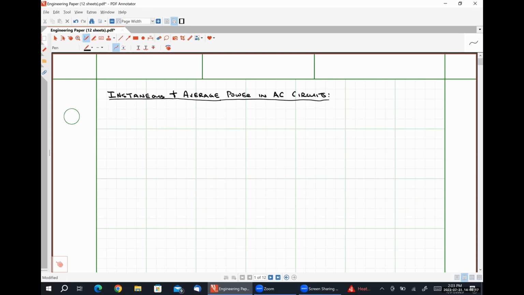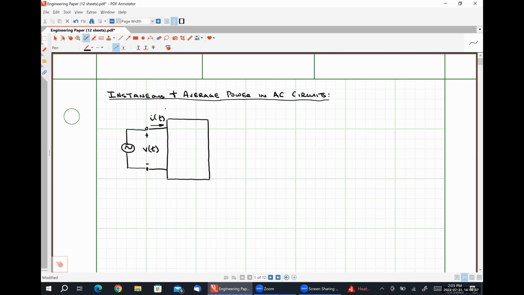All right, so let's say that we have a network, and it is a simple 2-terminal black box network like we've utilized numerous times in this class. And we excite said network with some sort of sinusoidal excitation function such that the voltage drop across the terminals of the network is V of t, and the current flowing into the network is I of t.